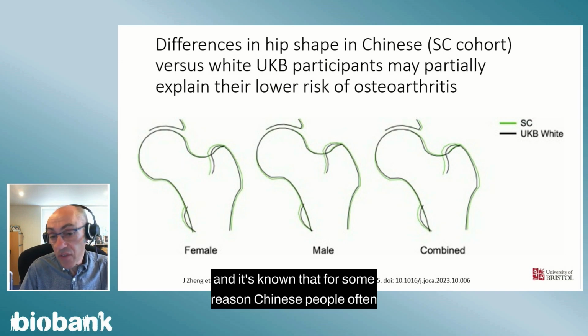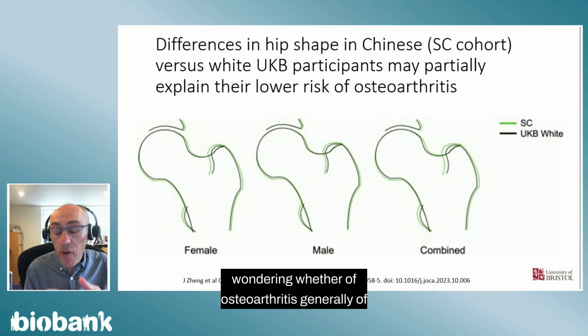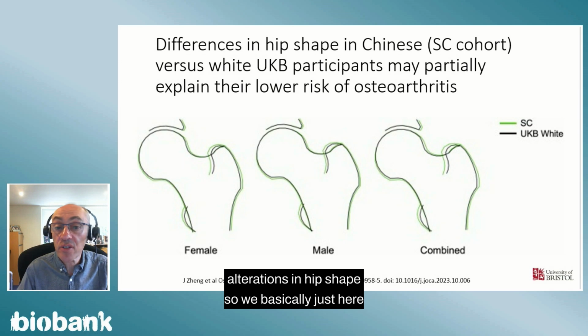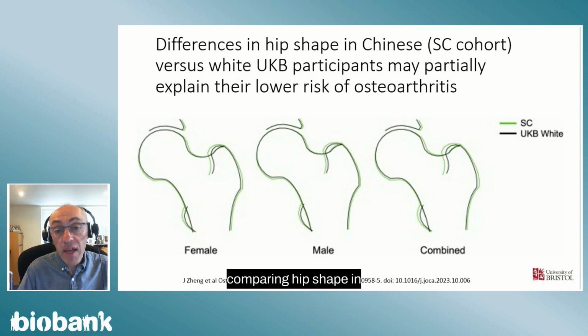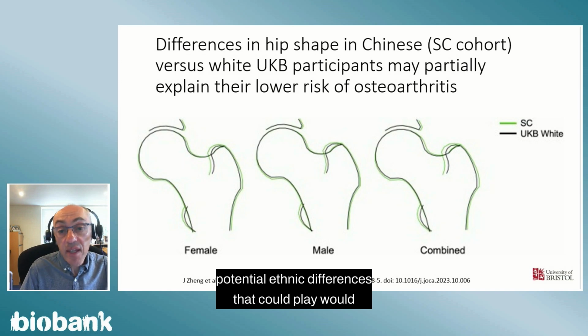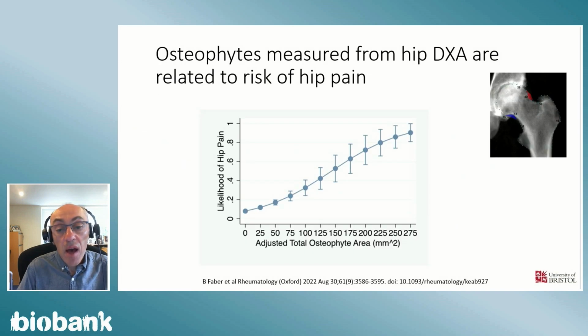It's known that for some reason Chinese people often have a lower risk of hip replacement, and we wondered if this could be explained by alterations in hip shape. So we're comparing hip shape in UK Biobank participants to those in China, to look at potential ethnic differences that would also contribute to ethnic differences in risk of having osteoarthritis.